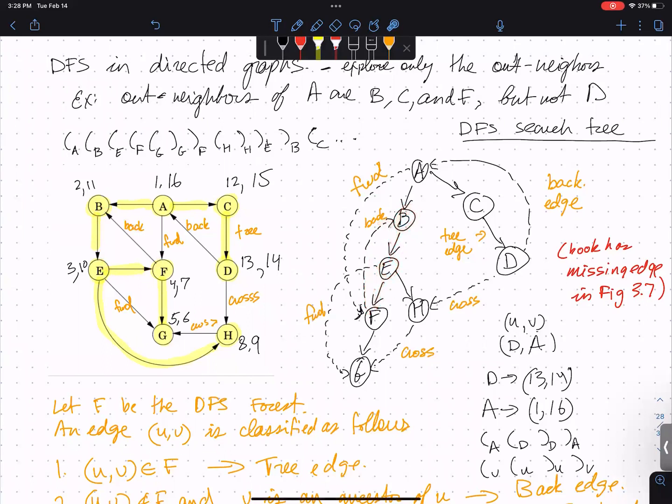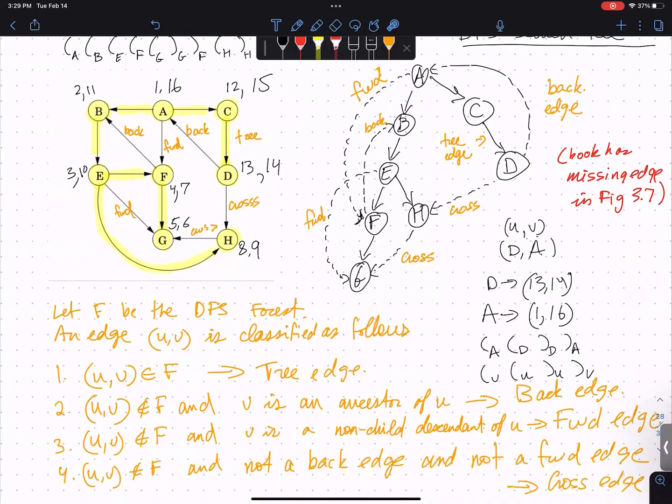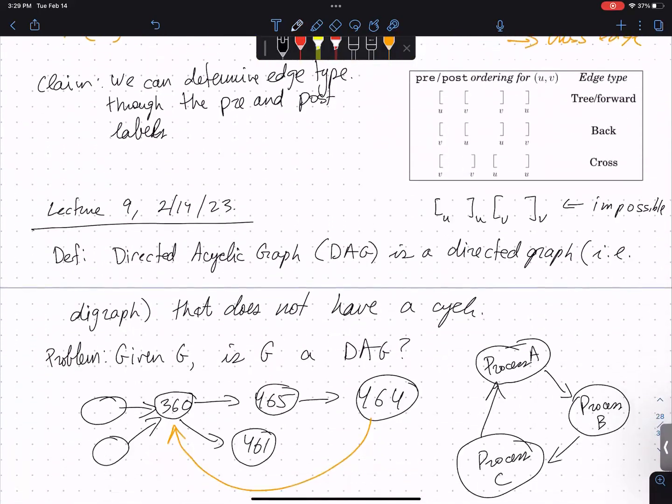To formalize this argument, we have to identify the topmost node in our cycle. That's because the cycle might start from E to F to B, might go like this, so there's no back edge going to E. The back edge involves the very top node. So we have to find what that top node is. I mean, we don't have to actually, it's a proof, so we don't have to find anything.